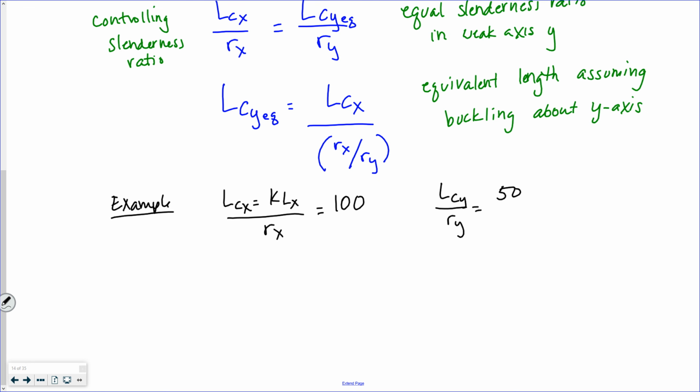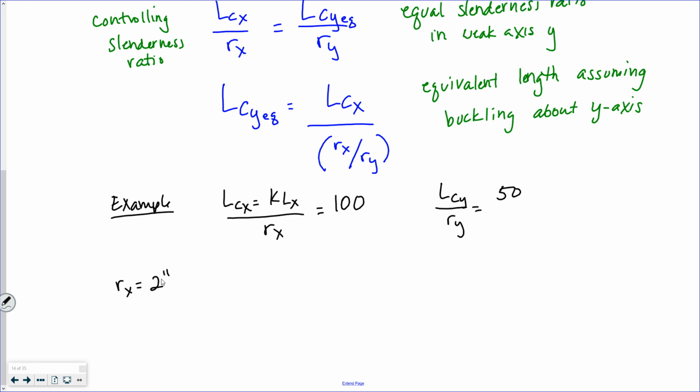That means, maybe because I braced it, I have different unbraced lengths. Normally it wouldn't happen, but if I have a longer length, right? Let's say my RX is 2 inches.